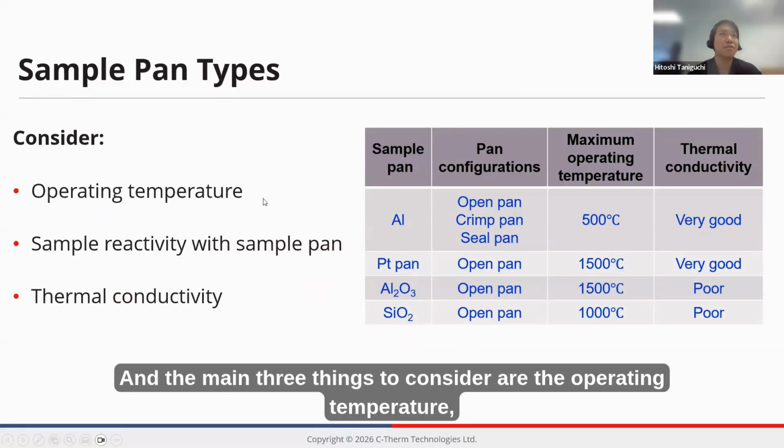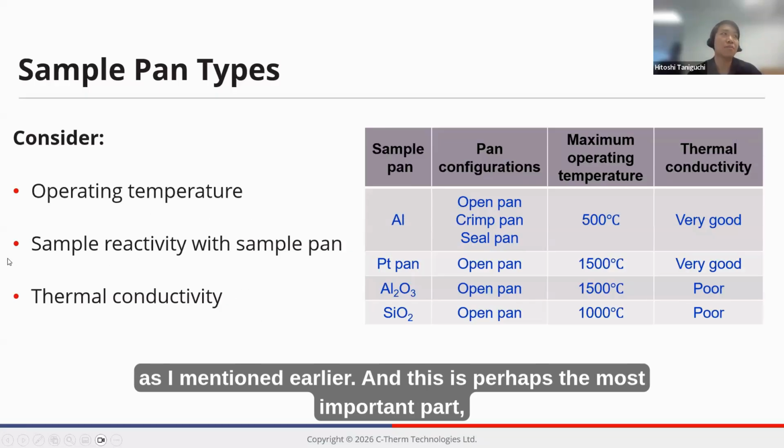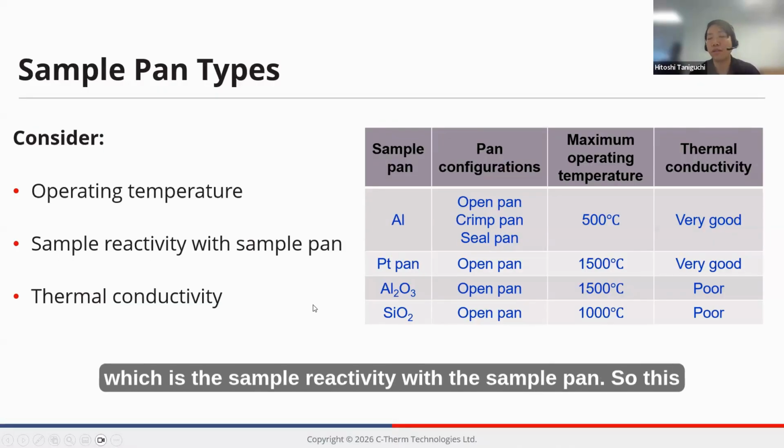The main 3 things to consider are the operating temperature, as I mentioned earlier, and this is perhaps the most important part, which is the sample reactivity with the sample pan.